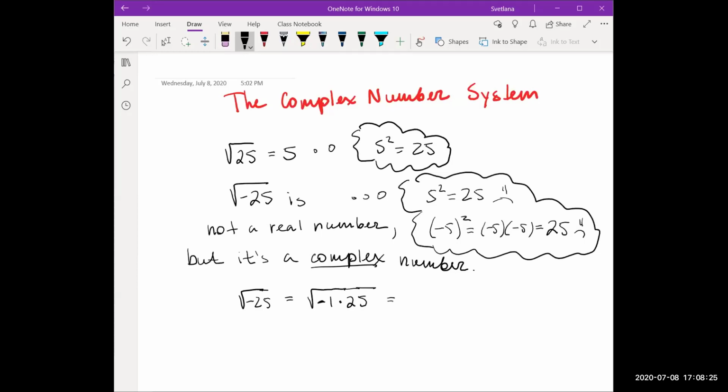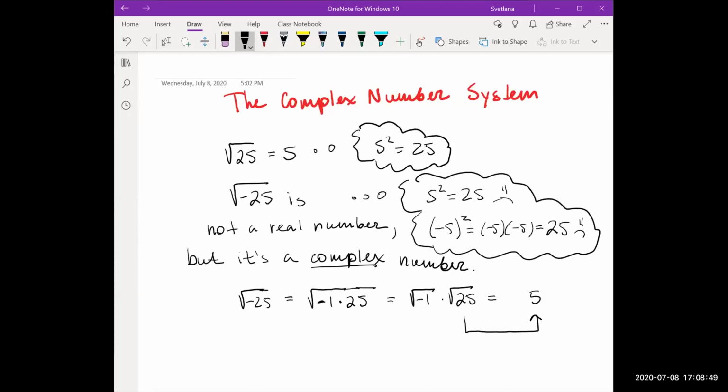And we already know that when we can split up a number inside the radical into a product, the entire radical can be split up. So we can say that's the same as the square root of negative 1 times the square root of 25. Well, now we know that the square root of 25 is 5. So that is 5. But what is the square root of negative 1?